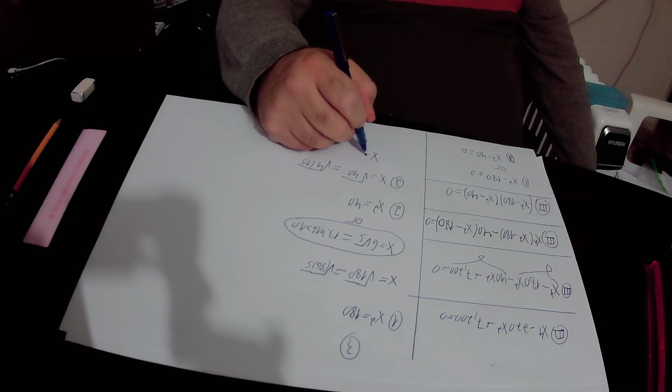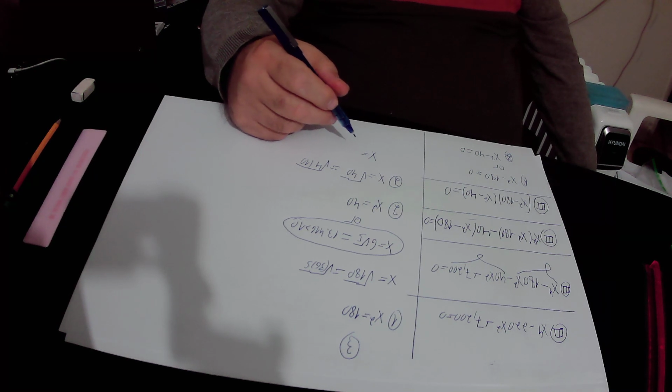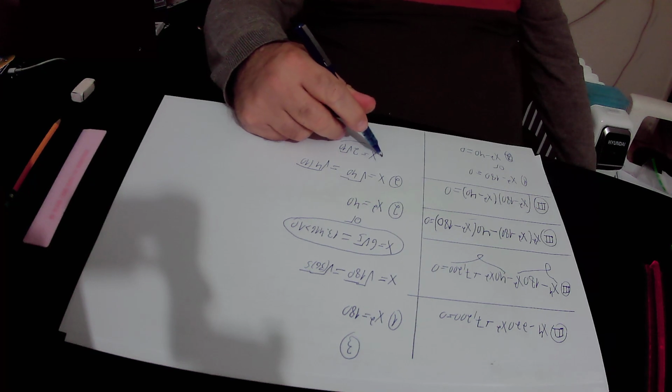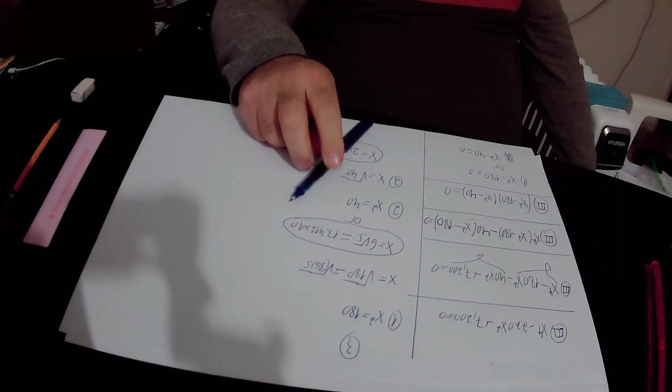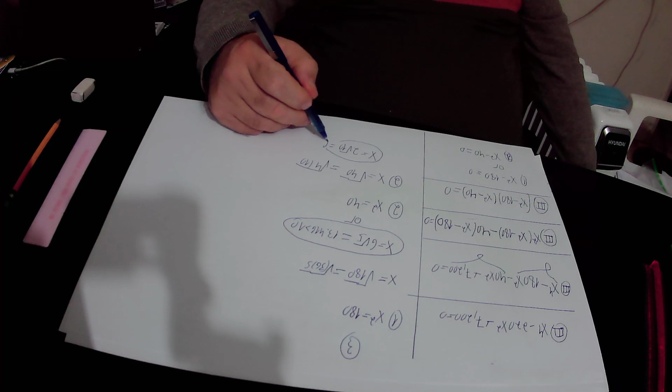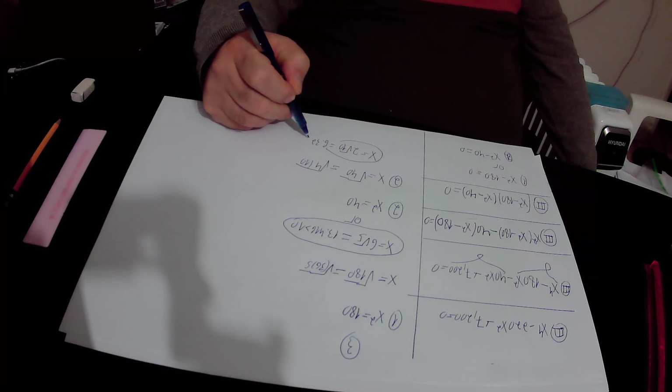So, in conclusion, the solution for x is 2 times square root of 10. 2 times square root of 10 is equal to 6.32, that is less than 10.